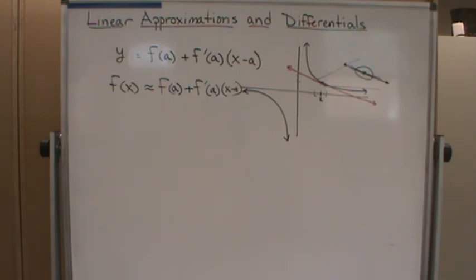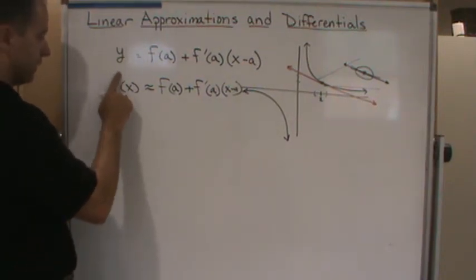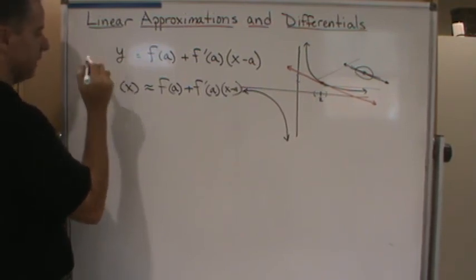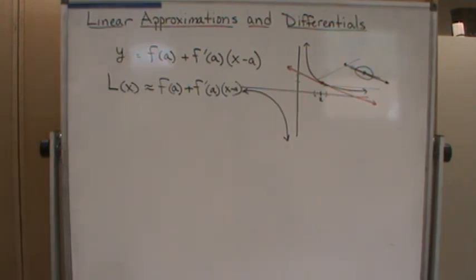Okay? And we call this the linear function, and we denote this by a capital L of x. We call this linear function the linear approximation or the tangent line approximation of f at x equals a. And the function L is also known as the linearization of f at x equals a.